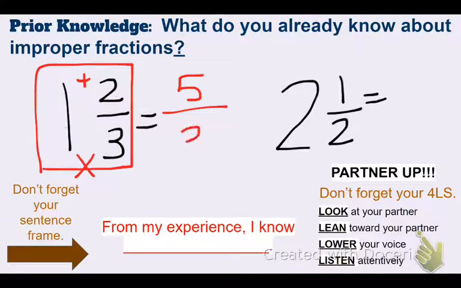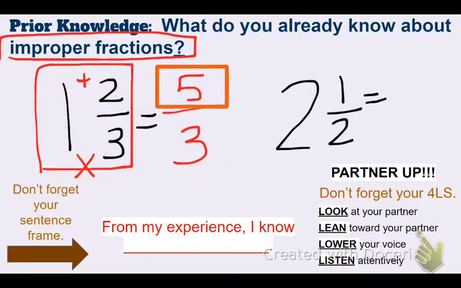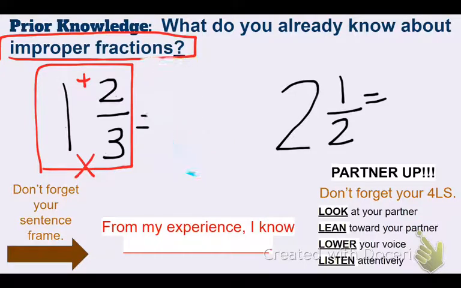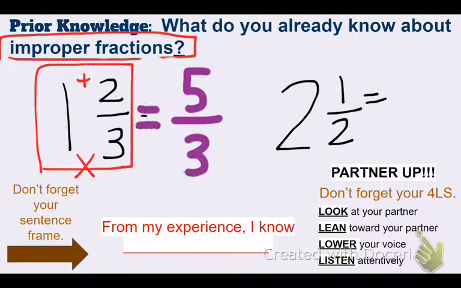And then, of course, we keep that same denominator. So I'm hoping that you remember that an improper fraction is a number that has a numerator that's larger or bigger than the denominator. I'm hoping that you also remember that 5/3 is equivalent or equal to 1 2/3.